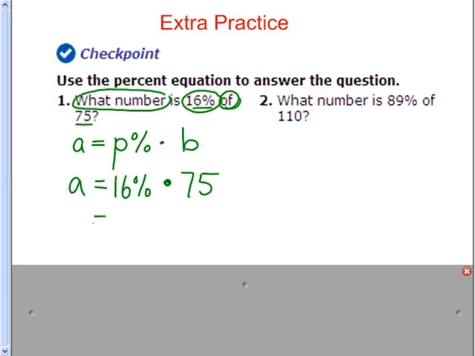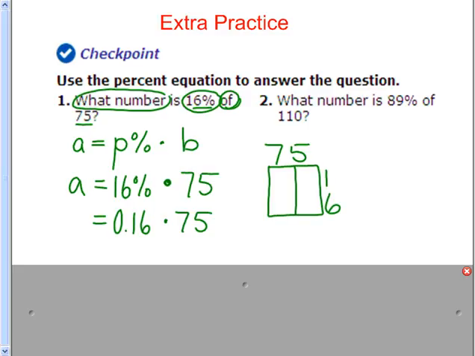To do the computation, I have to change 16%, or rewrite it, I should say, in its decimal form. Now I can do the multiplication. So I think this time maybe I'll use the lattice. 75 times 16, forgetting about the decimal point for a minute, would look like this for some of us. 5, 7, 30, 42.